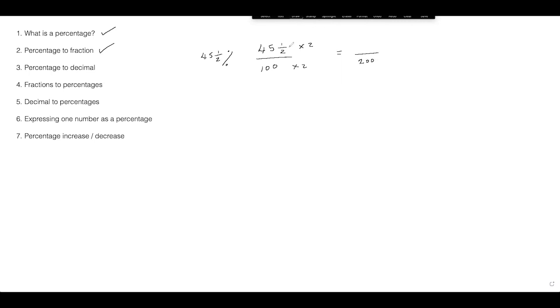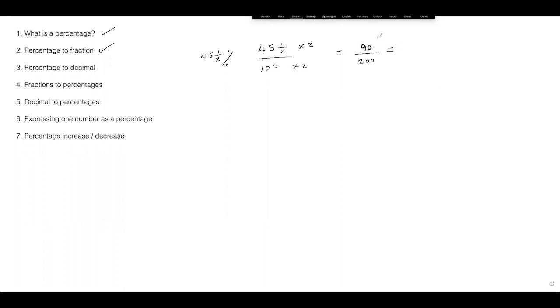Here, you might think you're going to get 91, but when you're timesing a fraction by a whole number, the two cancel themselves out, and you're left with 45 times 1, which is 45, and then times that by 2 gives you 90. Because I'm timesing, this 2 will cancel out that 2, so you no longer have the fraction. That's how it works in maths. So you're now left with 90 over 200.